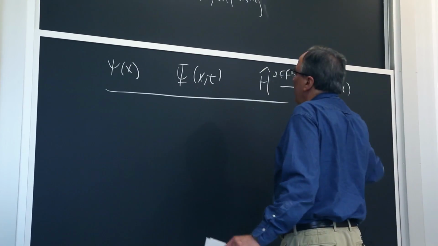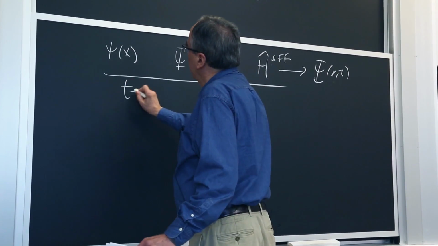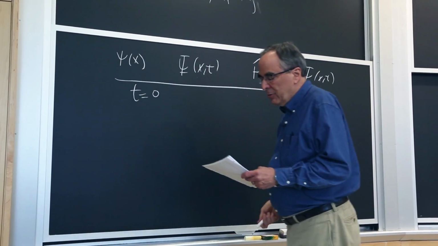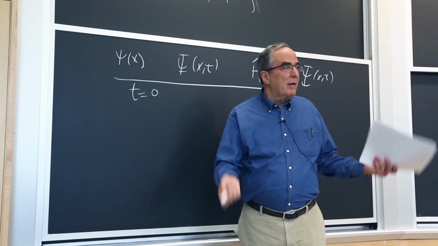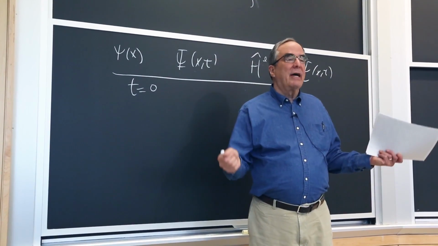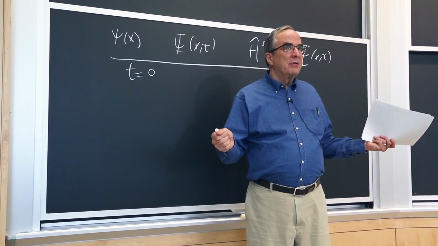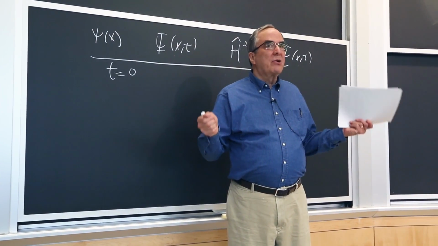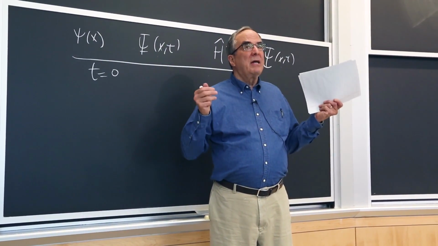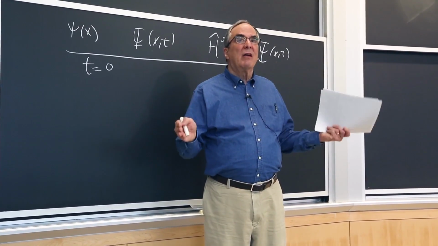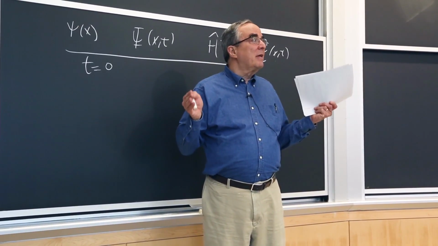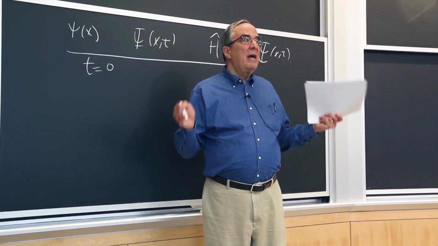So let's start now at t equals 0. At t equals 0, which I like to call the pluck, and it really makes contact with those of you who are musicians, that you know how to create a particular kind of sound which will evolve in time, and it depends on details of how you handle the instrument.